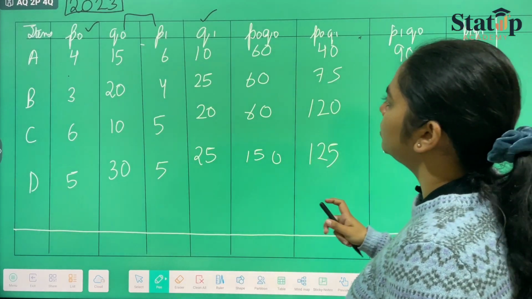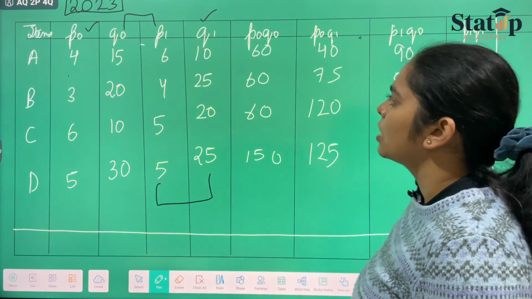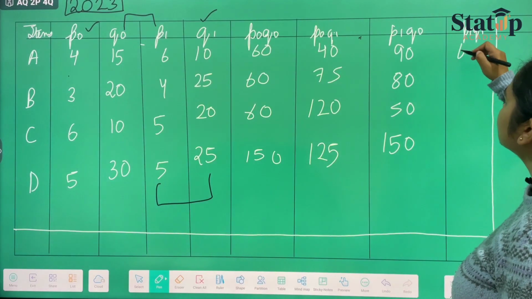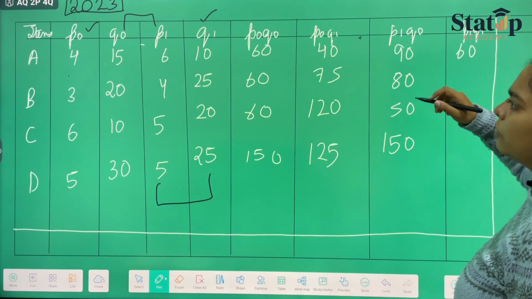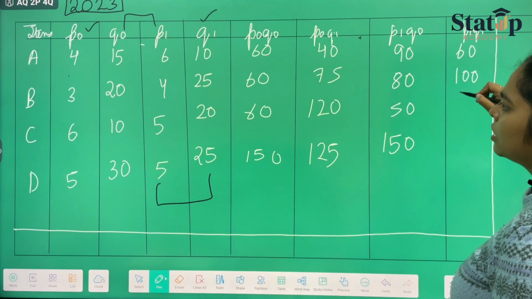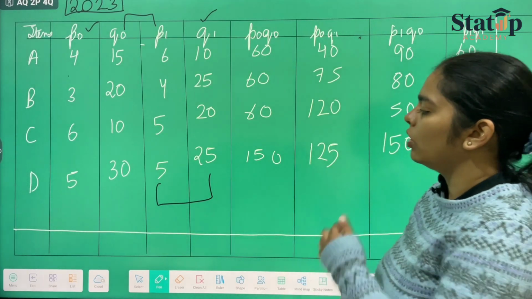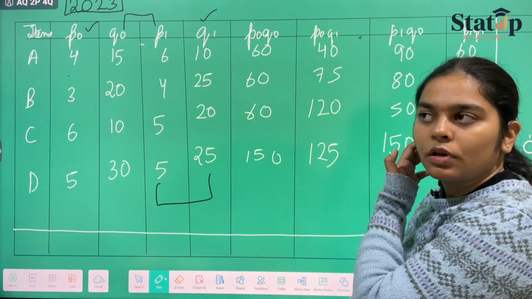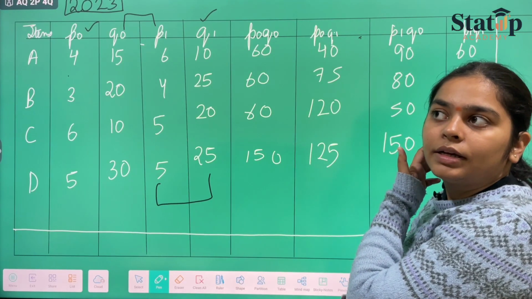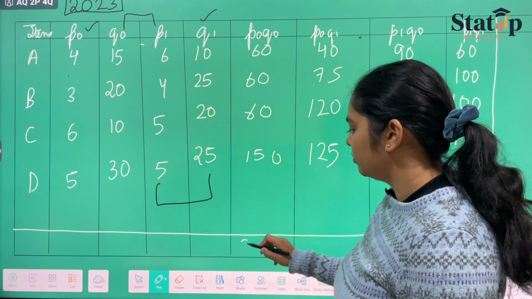And P1 Q1, these two columns: 6 into 10, 60. Then 4 into 25, 100, and 125. If I add all of them, it would be 330.